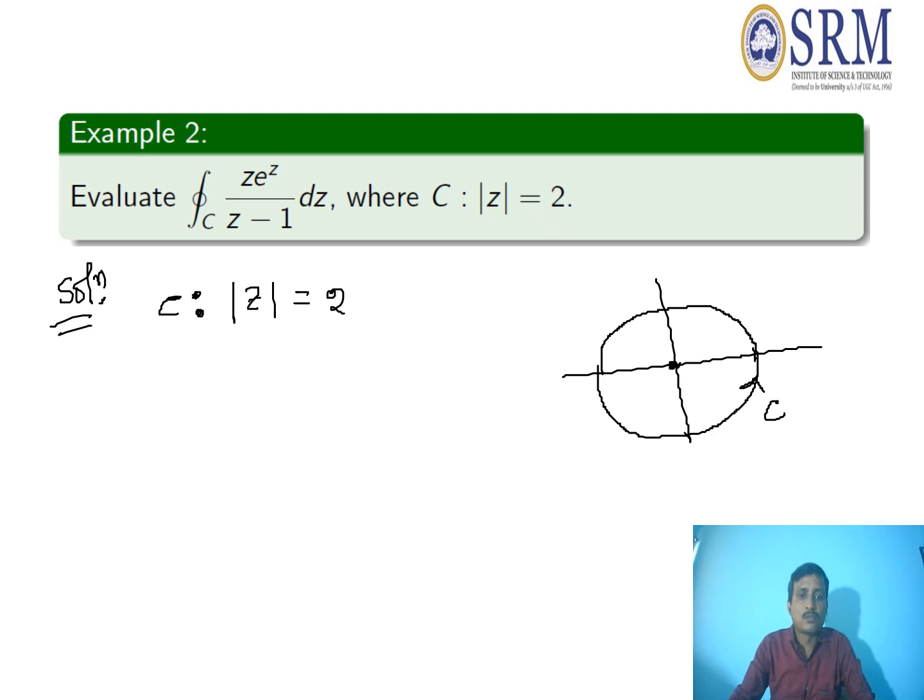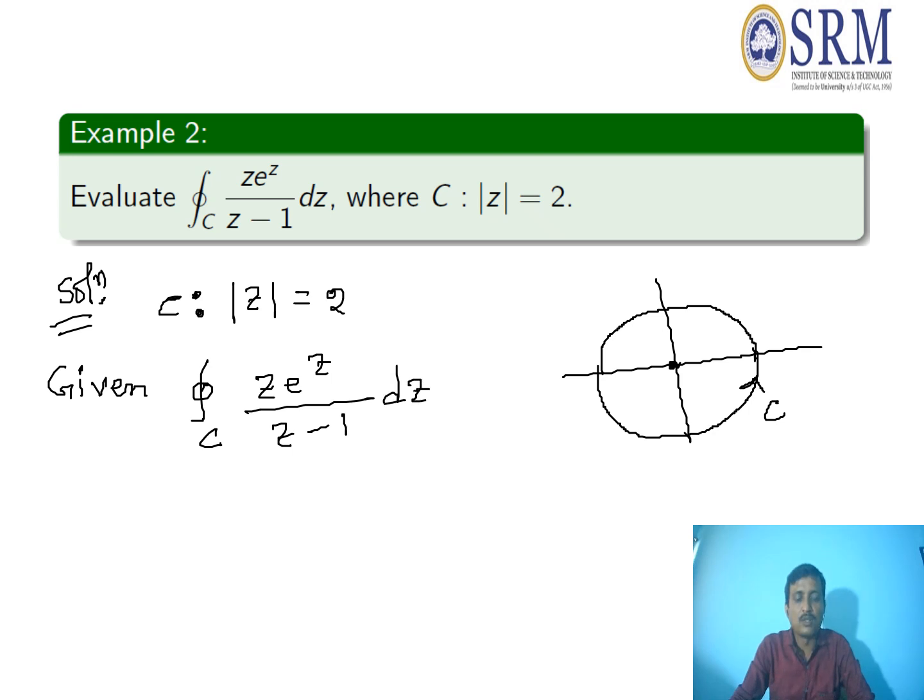So now, what about that integration? It is given as the integral over C of z e^z over z minus 1 dz.